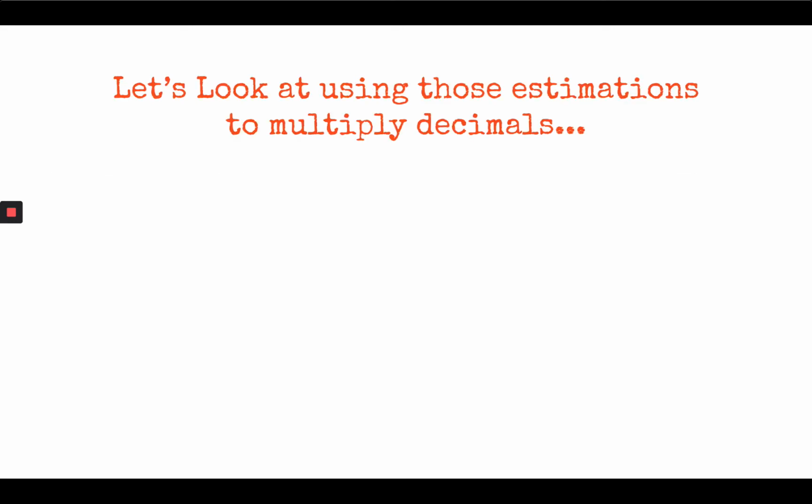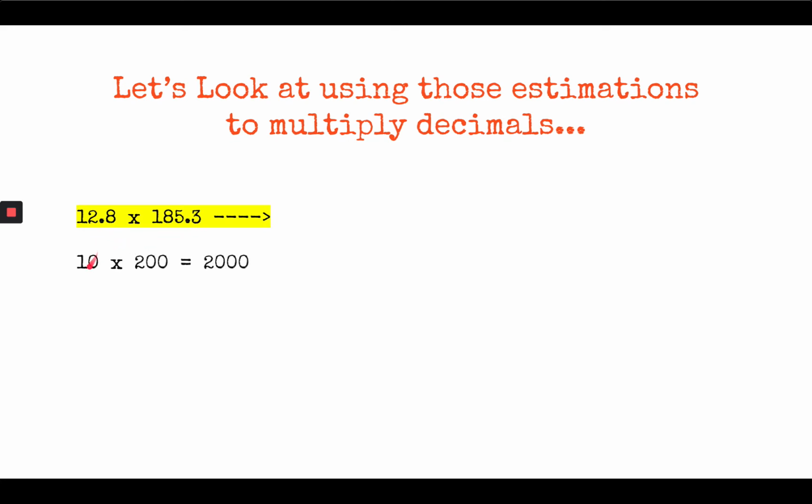Now let's look at those estimations to multiply decimals. So if I've got 12.8 times 185.3, oh my goodness, that's huge. Let's see if we can estimate or round these two numbers to make it easier for us.